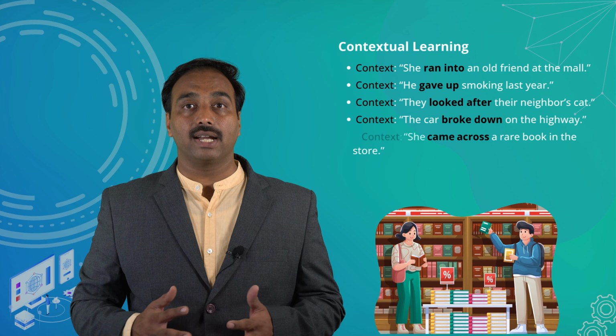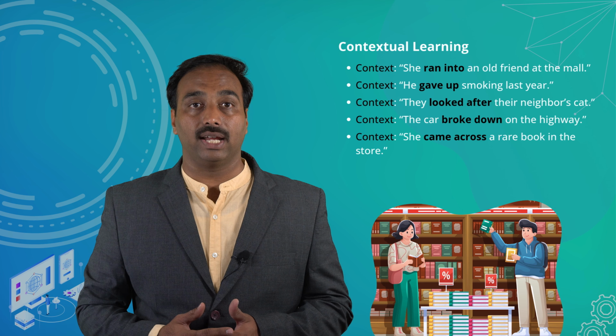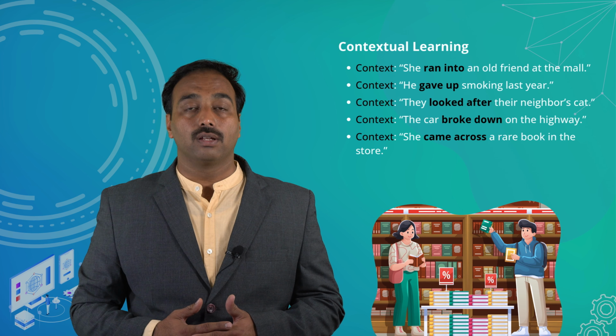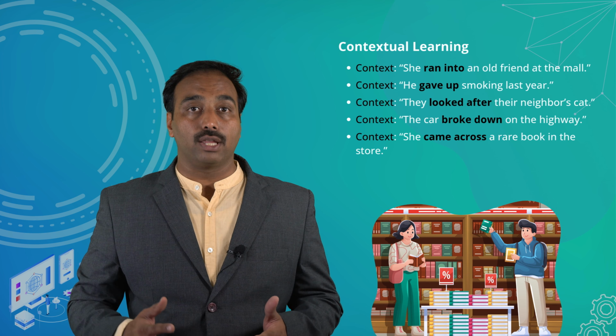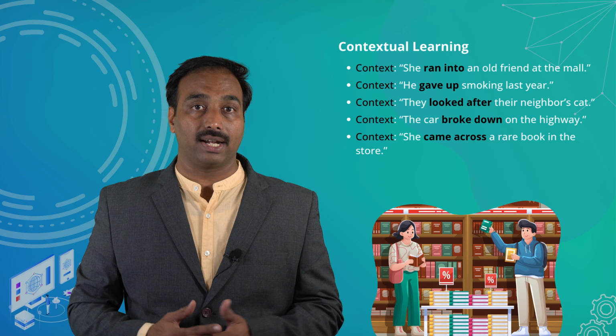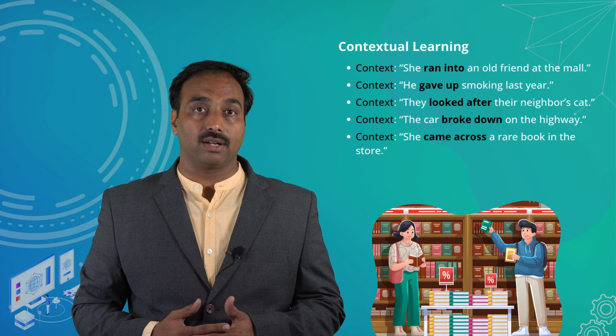Contextual learning. Understanding phrasal verbs within context aids in grasping their meanings accurately, as their definitions can vary based on usage. She ran into an old friend at the mall is the context. The meaning is she met an old friend unexpectedly. Next example, he gave up smoking last year means he quit smoking.